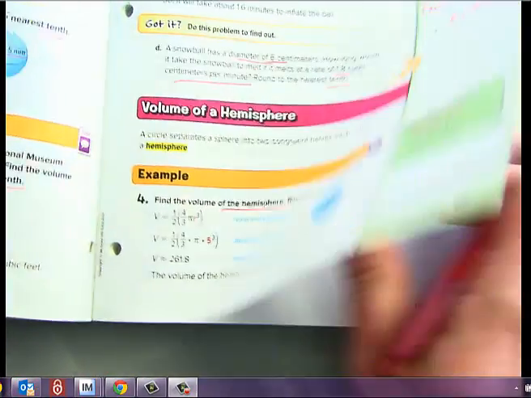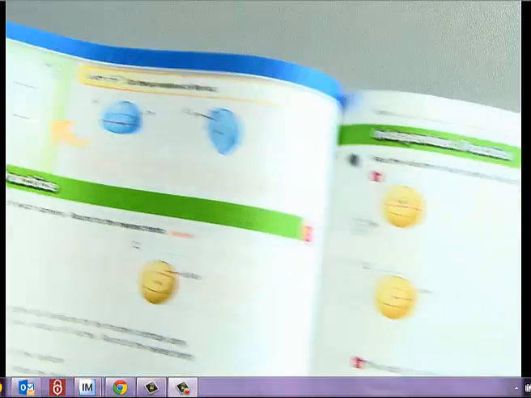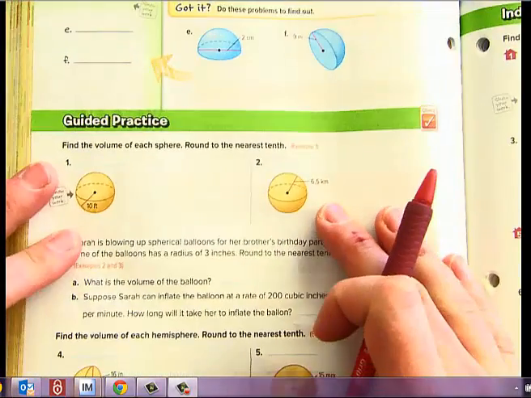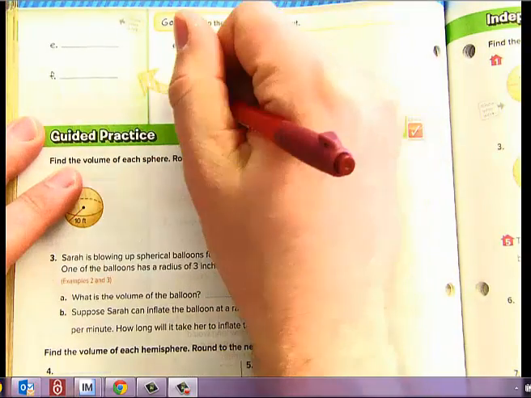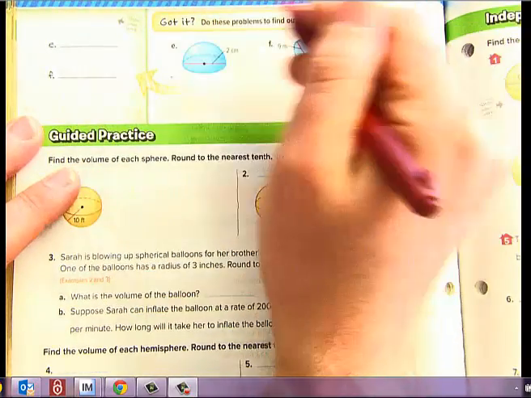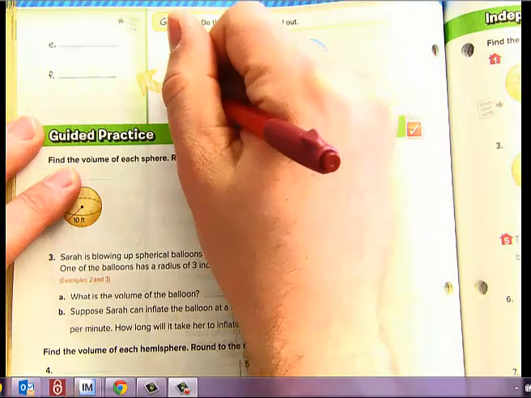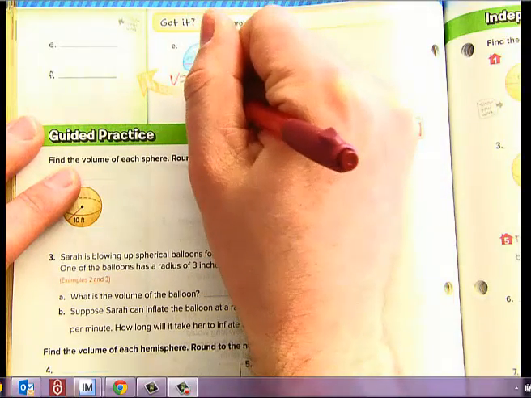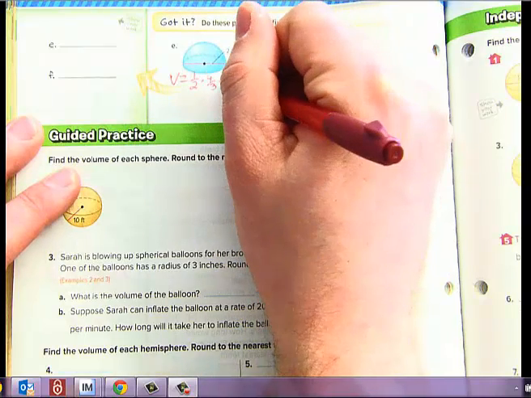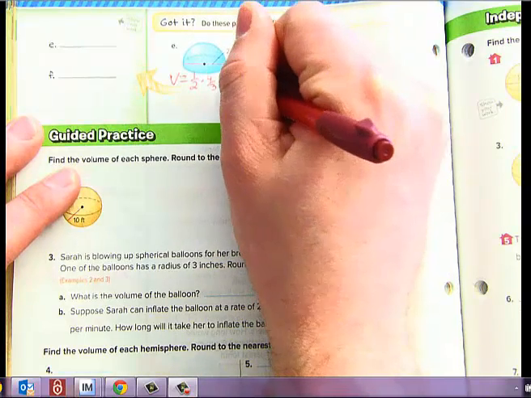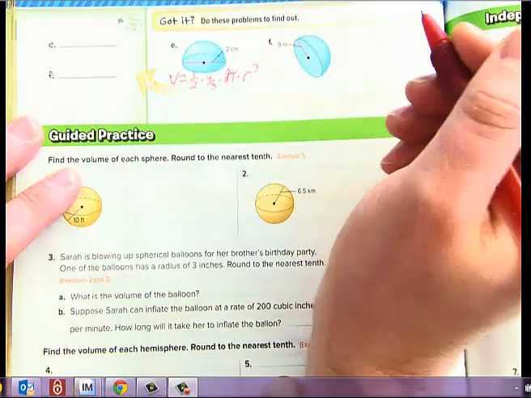So if we look here to find these hemispheres, we look at E. I'm going to show my work here right underneath. I first write down it says find E. So formula first, volume equals 1/2 times 4/3 times pi times radius to the third power. I then plug in what I know underneath.